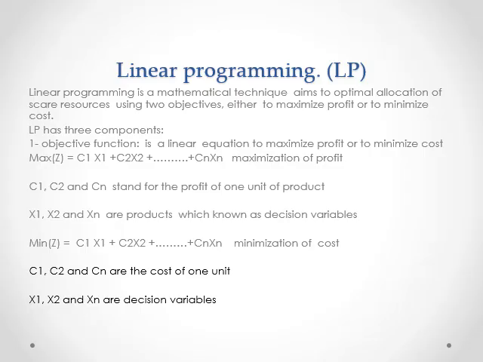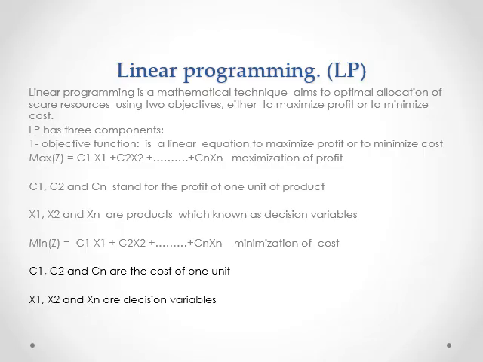Max z equals c1 x1 plus c2 x2 up to cn xn represents the problem of profit maximization. Max stands for maximization, C1 and C2 up to Cn stand for the profit of 1 unit of product.